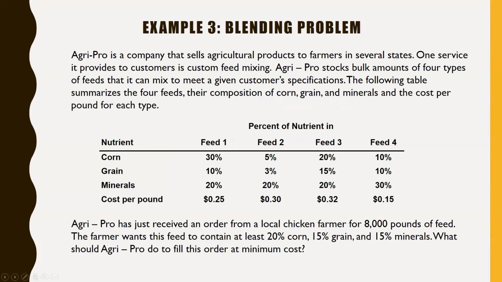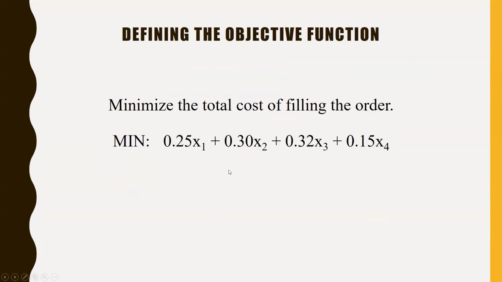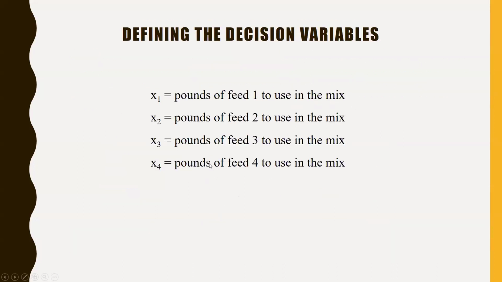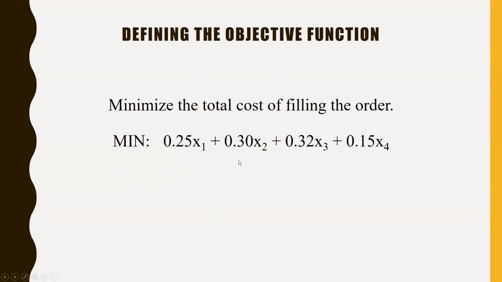We know the cost per feed: 0.25 for feed 1, 0.3 for feed 2, 0.32 for feed 3, 0.15 for feed 4. Because X1, X2, X3, X4 are the masses of feed 1, 2, 3, 4, when you modify this, you get the objective function.